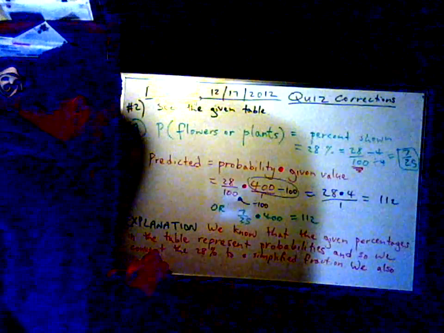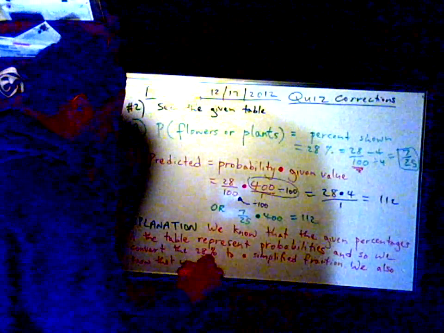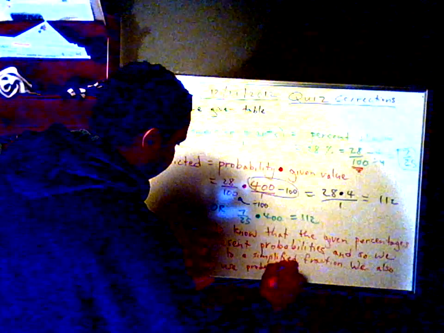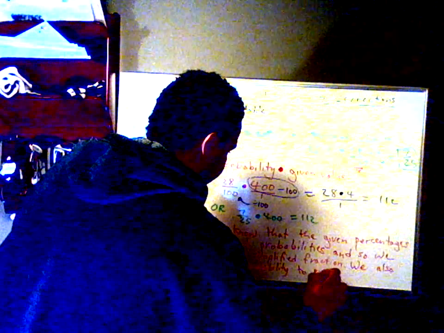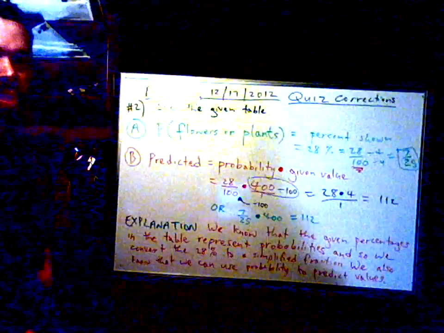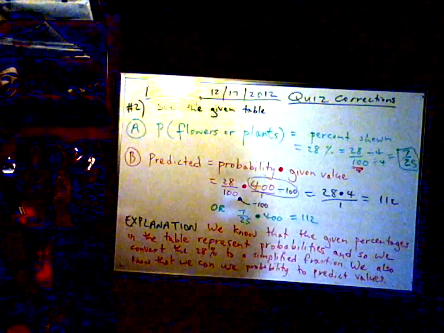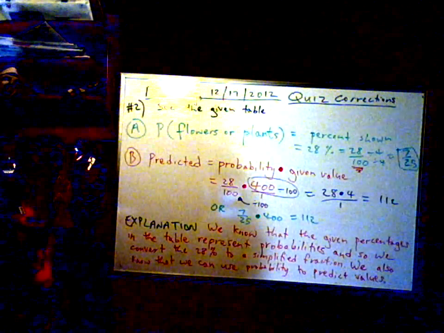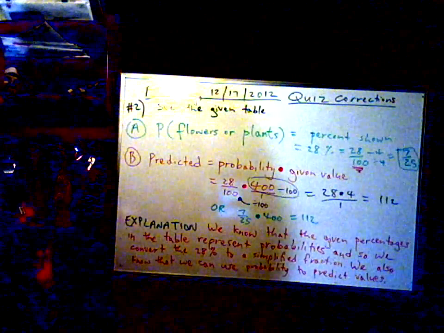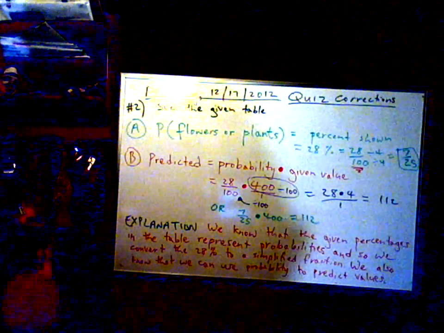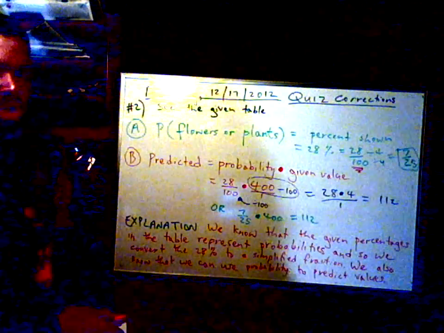We also know that we can use probability to predict values. Okay? So again, your explanation: we know that the given percentages in the table represent probabilities, and so we convert the 28% to a simplified fraction. We also know that we can use probability to predict values. And that's what we did.